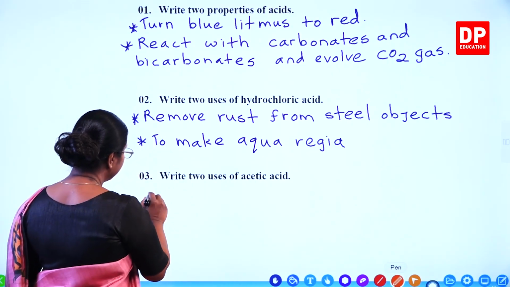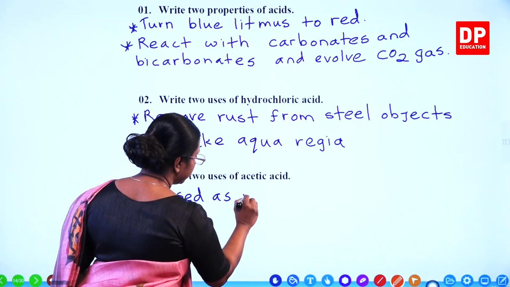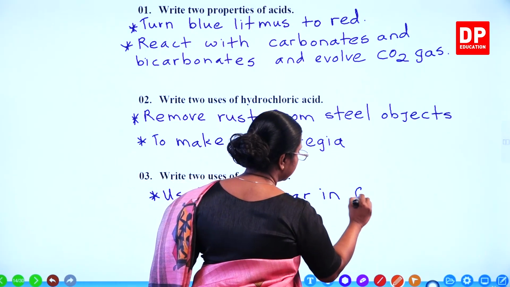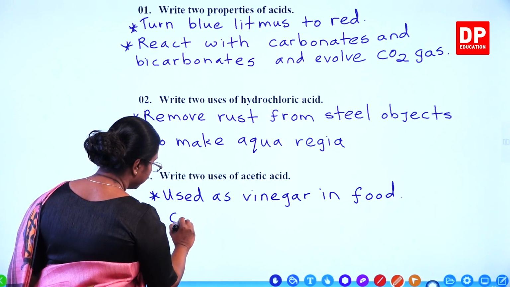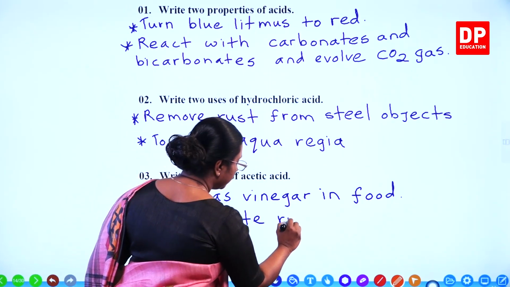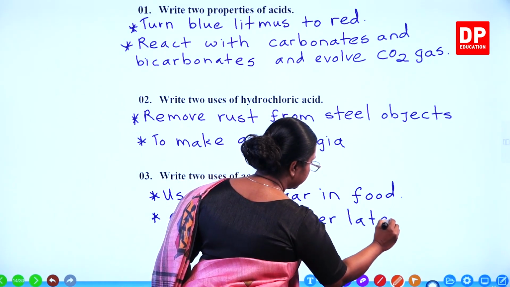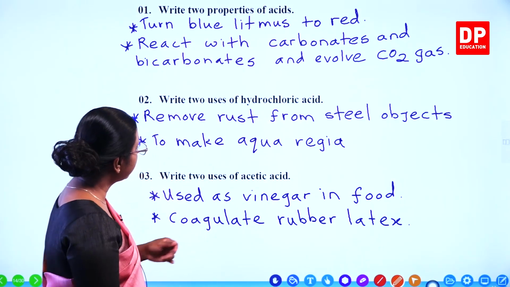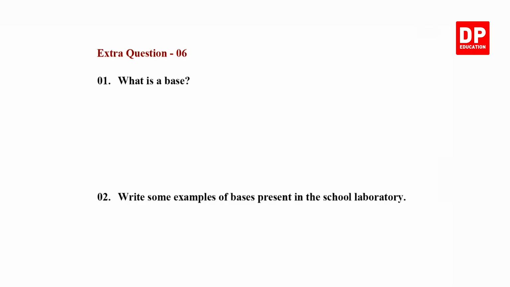So, I will say used as vinegar in food and to coagulate rubber latex. So those are two uses of acetic acid. With that, I will move on to the next question.